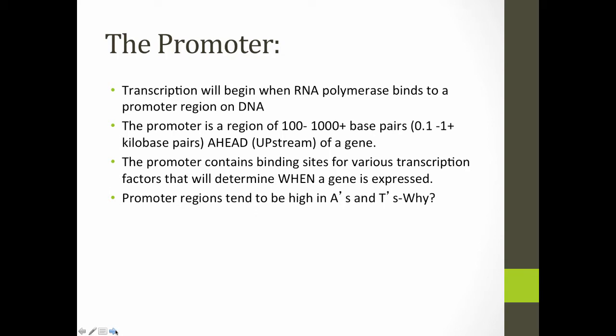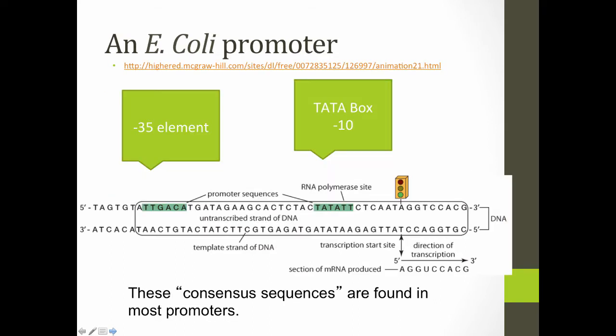And promoter regions tend to be high in A's and T's because they have only 2 hydrogen bonds holding them together, as opposed to the G's and C's that form 3 hydrogen bonds. So in areas that are rich in A's and T's, it's easier to unzip the DNA double helix than it is in areas that are rich in G's and C's.